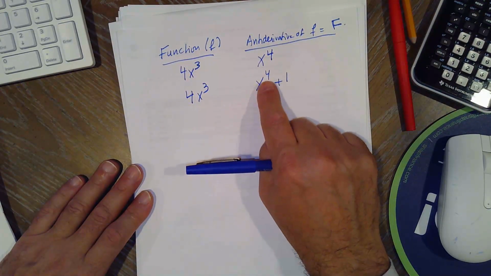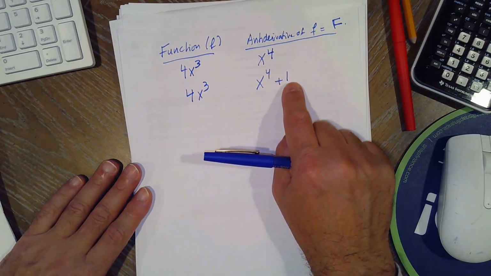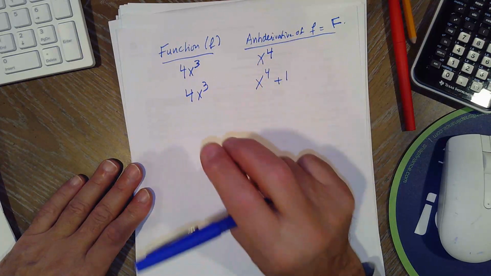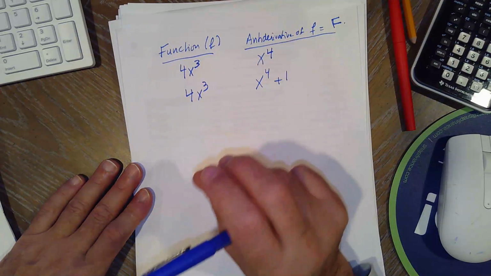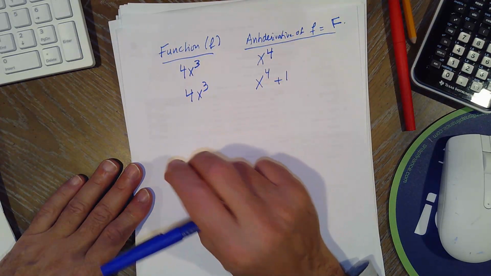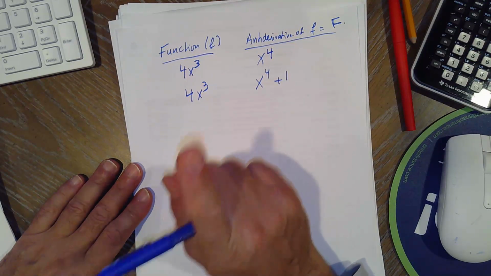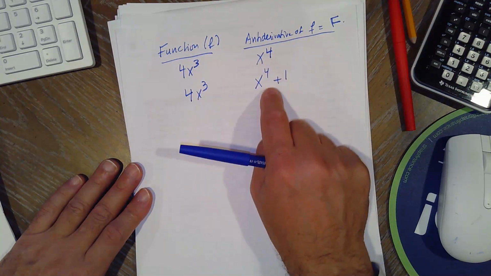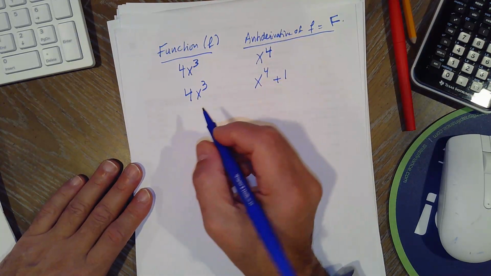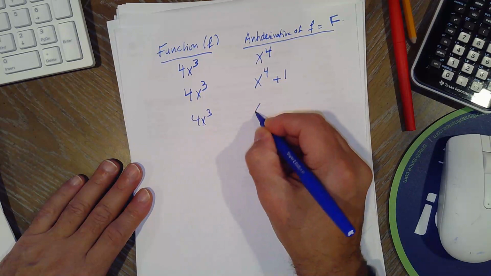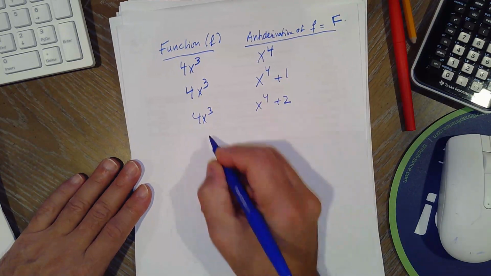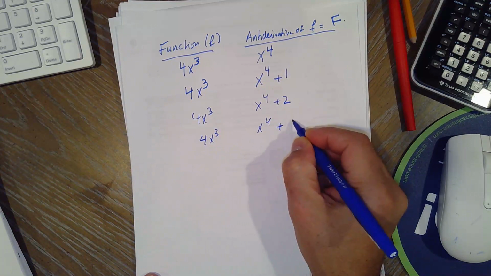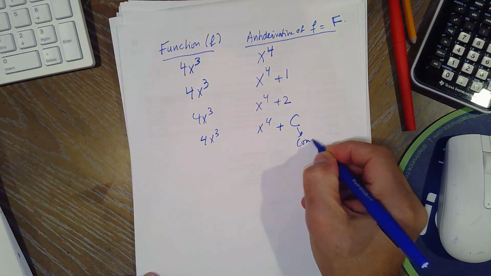Because the derivative of x to the 4 is 4x cubed, and the derivative of 1 is 0. So you can see now, when we do a derivative, we're finding the slope of the tangent line. When that exists, there's only one slope of the tangent line. When we're doing an antiderivative, there's more than one answer. There's actually infinitely many answers, because that could be x to the 4 plus 2. That could be x to the 4 plus any constant.